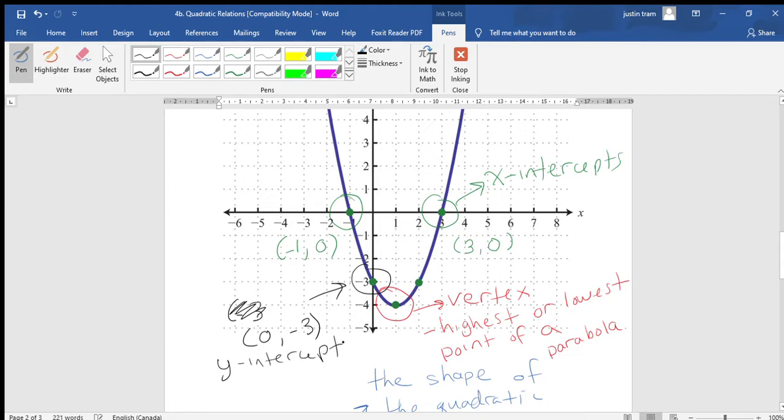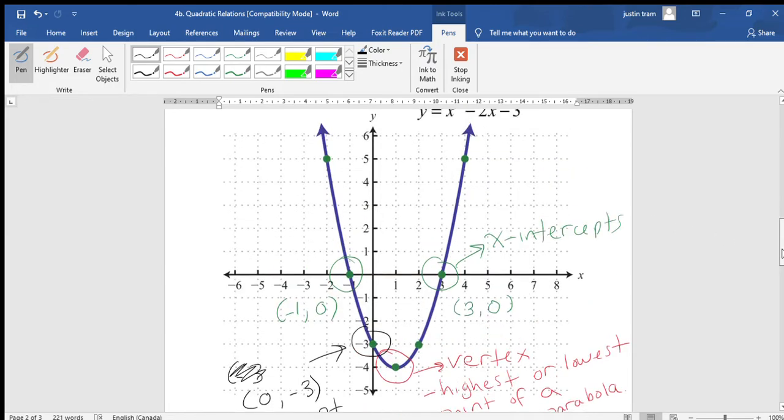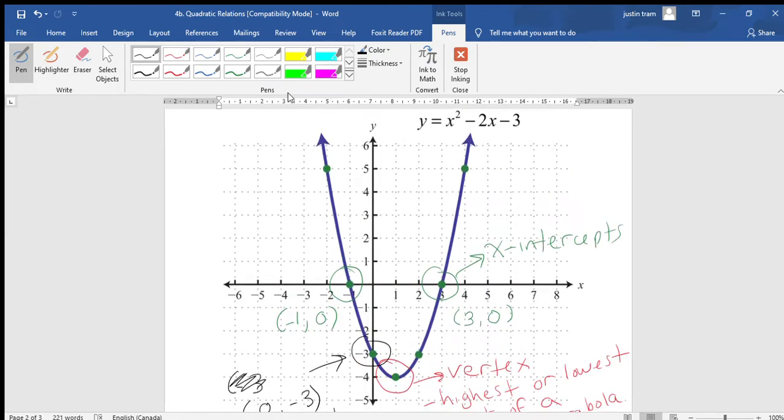Now, if I look at this parabola, I will notice that all parabolas are perfectly symmetric. So if I drew a line down the middle, this will cut my parabola exactly in half.